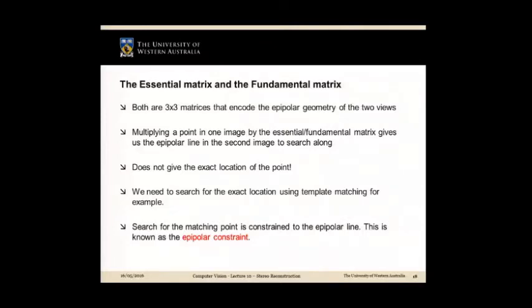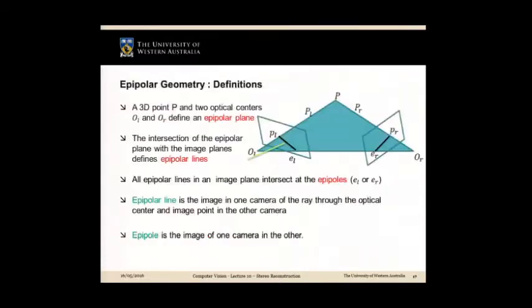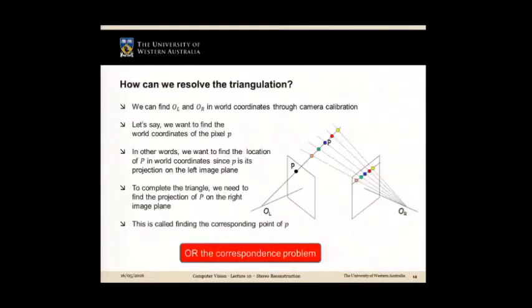You can take a fixed size window around each point, compute some sort of features, match those features, and that will give you correspondence between the 2 points in 2 different image planes. And that has to do with the correspondence problem. The search for the matching point is constrained to the epipolar line, and this is known as the epipolar constraint, as I've told you in this slide.